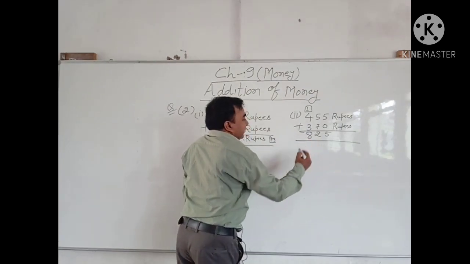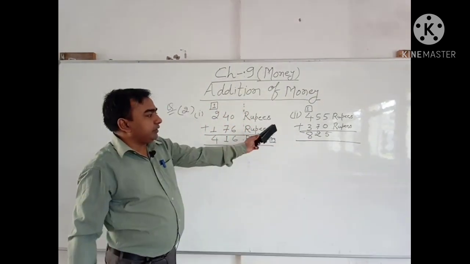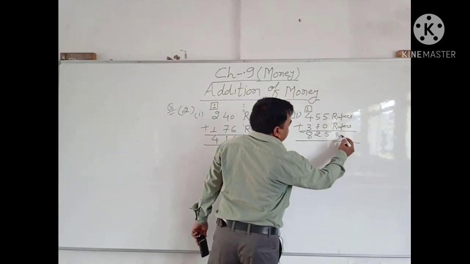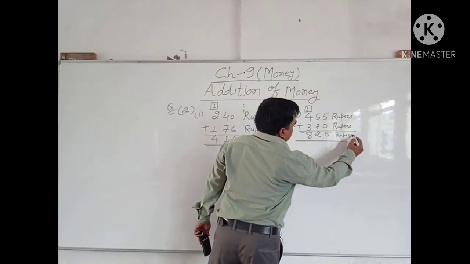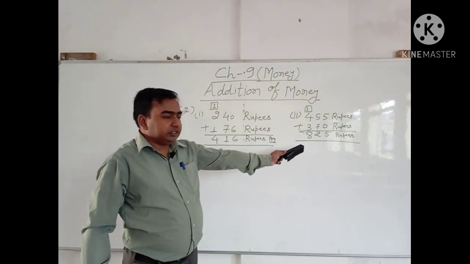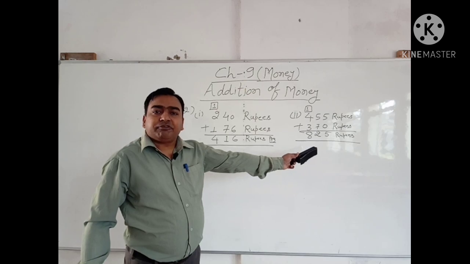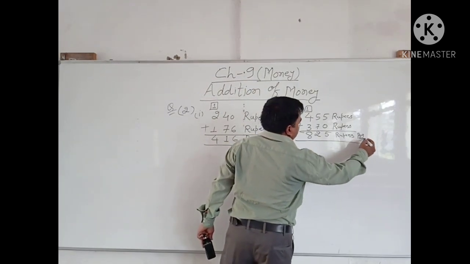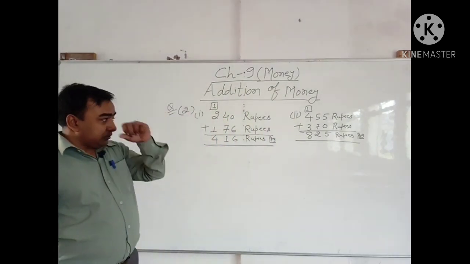What is the answer? 825. This is our answer. What is the unit? The unit is rupee. So 825 rupees. This is our answer.